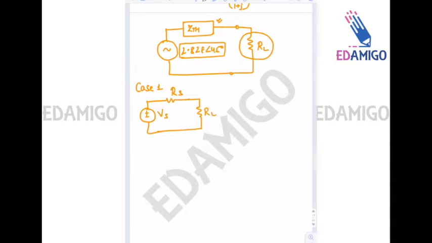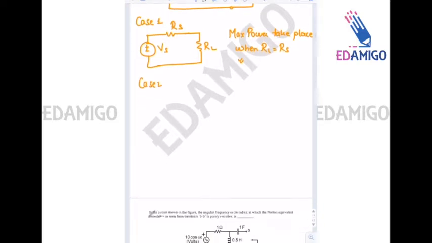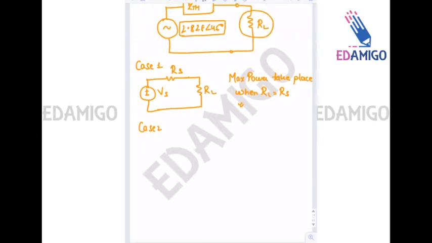Here the maximum power takes place when RL is equal to Rs. We know this case very well. Now let's look at case 2, where I will have to add pages in this.